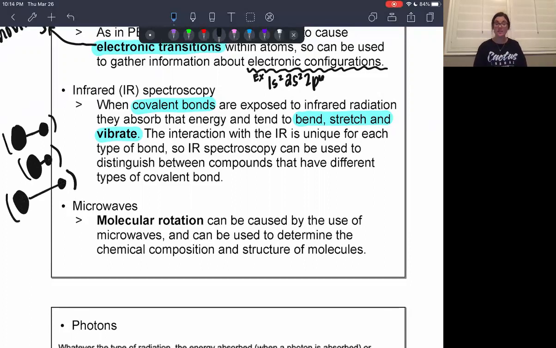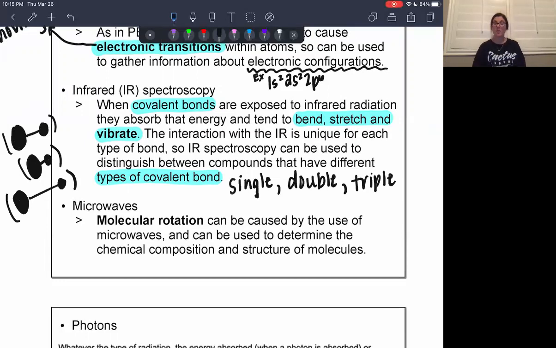And this gives us some really important data about bond lengths and different compounds, but specifically that type of covalent bond is determined by this vibration and bend. So single versus double versus triple bonds have been determined with infrared radiation.